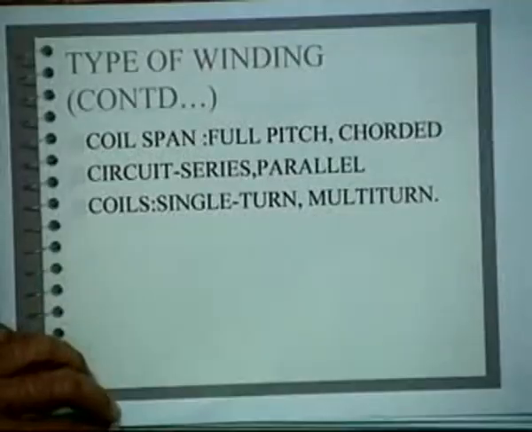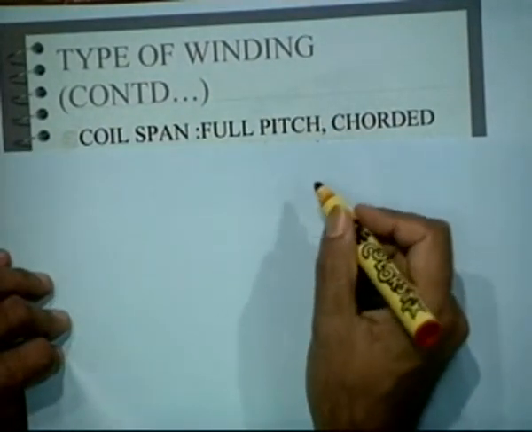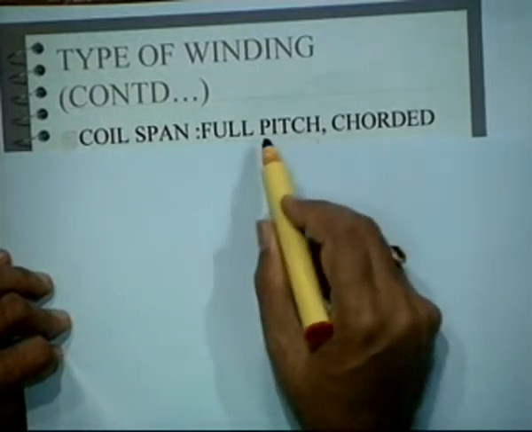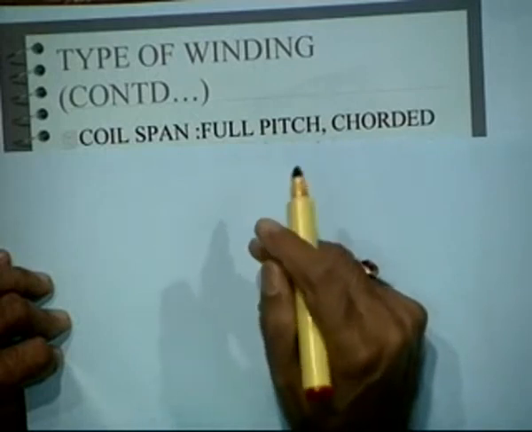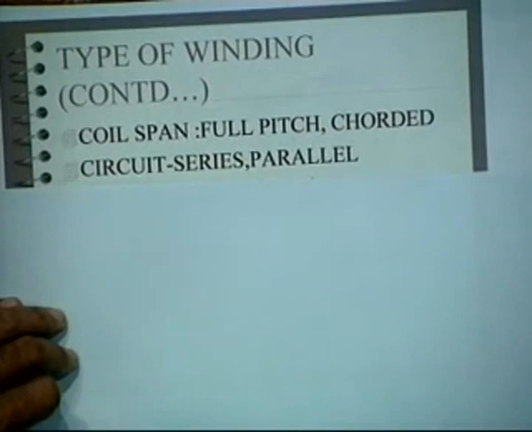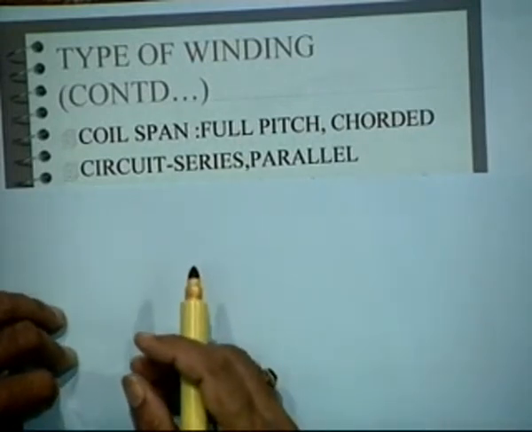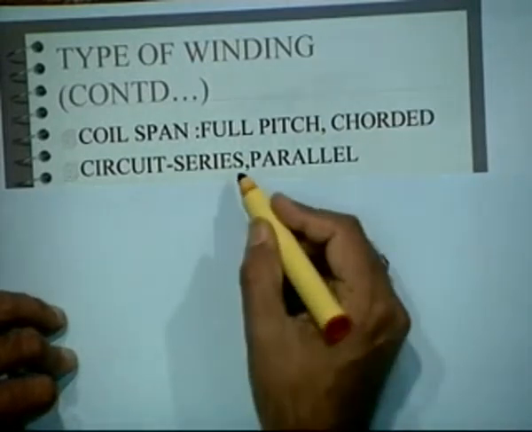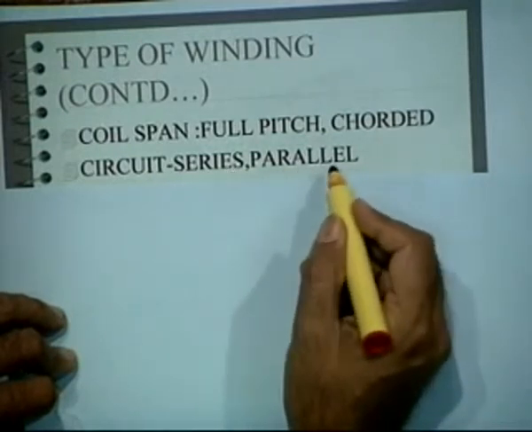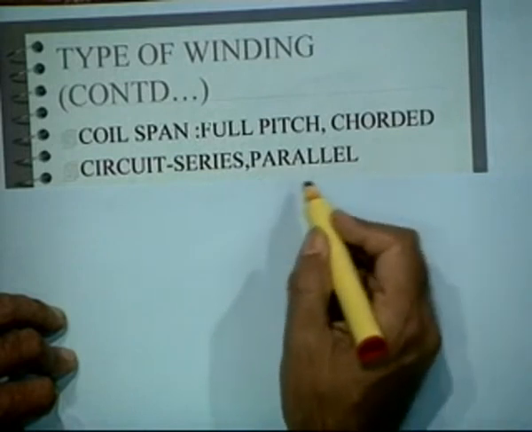Then you have the coil span. The types are full pitch or chorded. These are the two varieties that you have. Then circuits. You can have series connected or parallel connected. So this is another variety you have. You have several parallel paths.